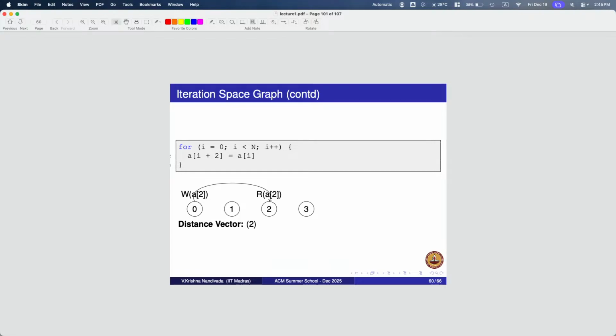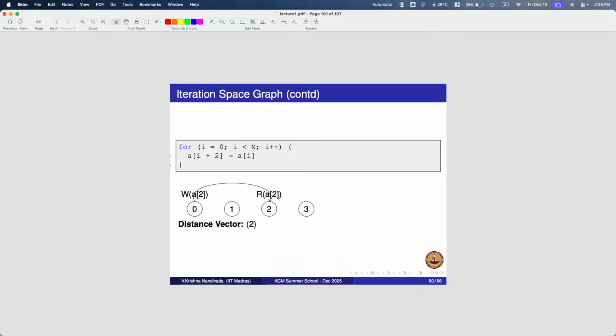This was written here, this is read here, right? To write a sub 2 comma 3, I am reading this. So there is a true dependence there. So I will write it as I plus 1, j plus 1. No, I'll mix it up slightly just for you.